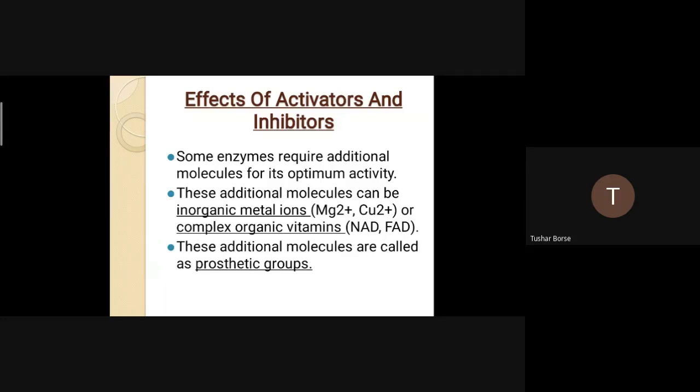So when we add activators in the medium, it will enhance the activity of enzyme, and thus it will indirectly affect the rate of reaction.